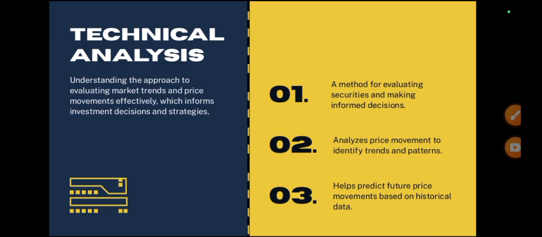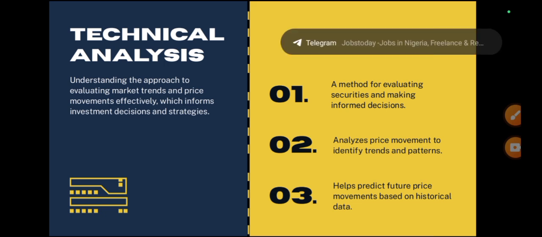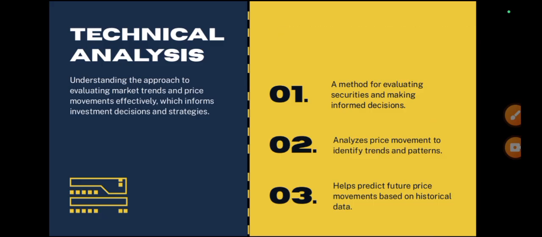You understand? Is it ranging, right? So the market has two types of trend, which are uptrend and downtrend, and what we call ranging. You are going to see all of this as we proceed. We have uptrend, we have downtrend, and we have ranging.